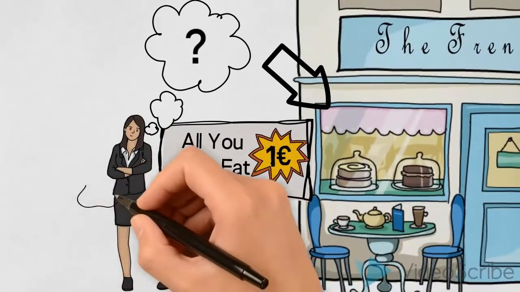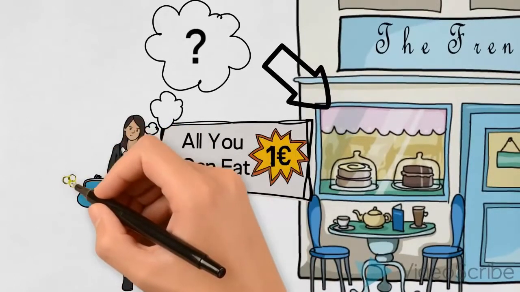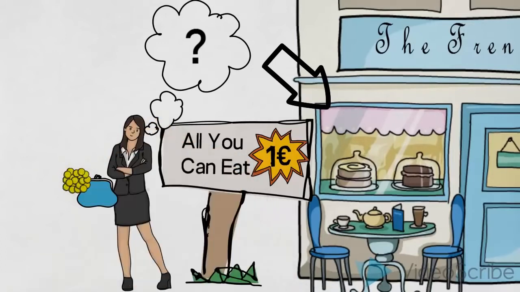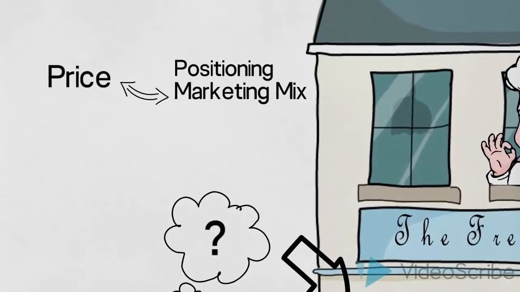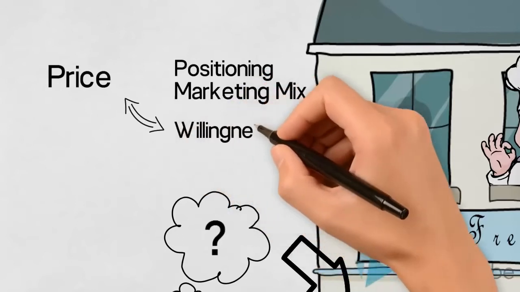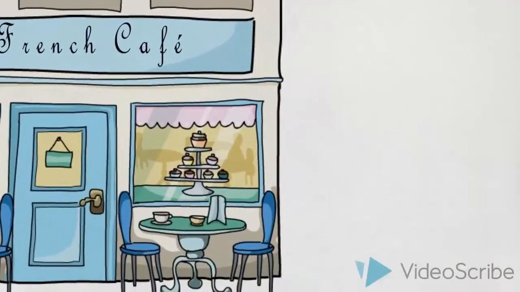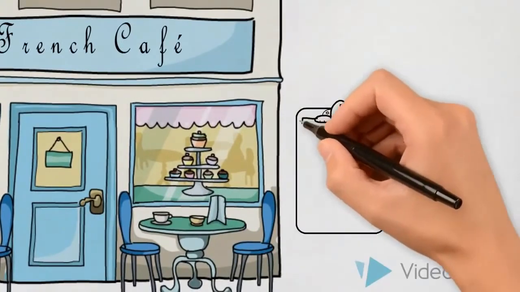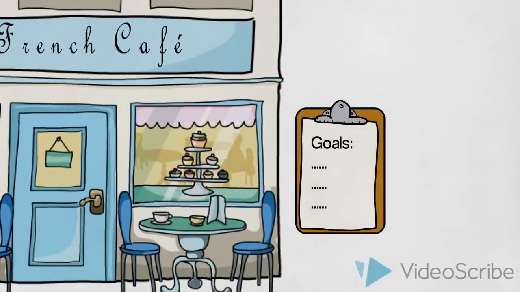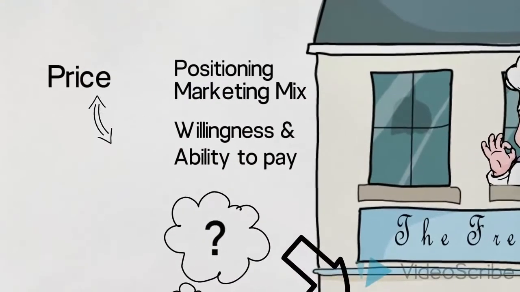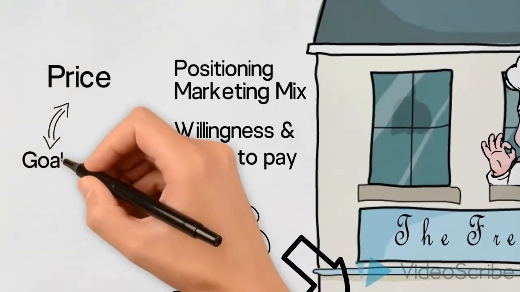Secondly, we need to consider some financial circumstances about our chosen target group. And we need to consider how they are likely to value our goods and services. We need to charge a price which our chosen target group is both willing and able to pay. Thirdly, when looking at our overall strategies and objectives with this product or service, in this case our cafe, we also need to make sure that the price we chose supports our goals that we have set out to achieve with this cafe.